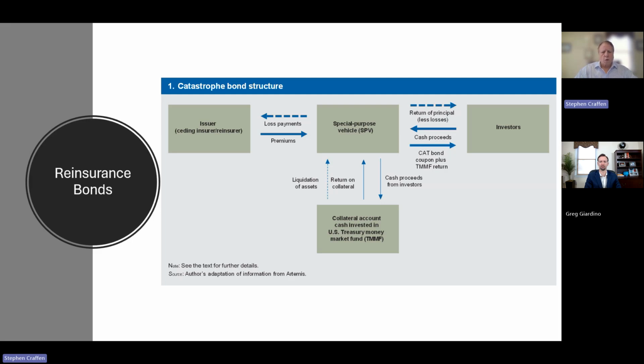And so what happens, though, even with the reinsurance companies, they like to transfer some of that risk to others as well. So they set up what's called a special purpose trust, an SPV. And in this special purpose trust, they actually sell bonds to the public. And there's a contract between this trust and the reinsurance company. And the special purpose trust collects income from the bonds they sold to the public.